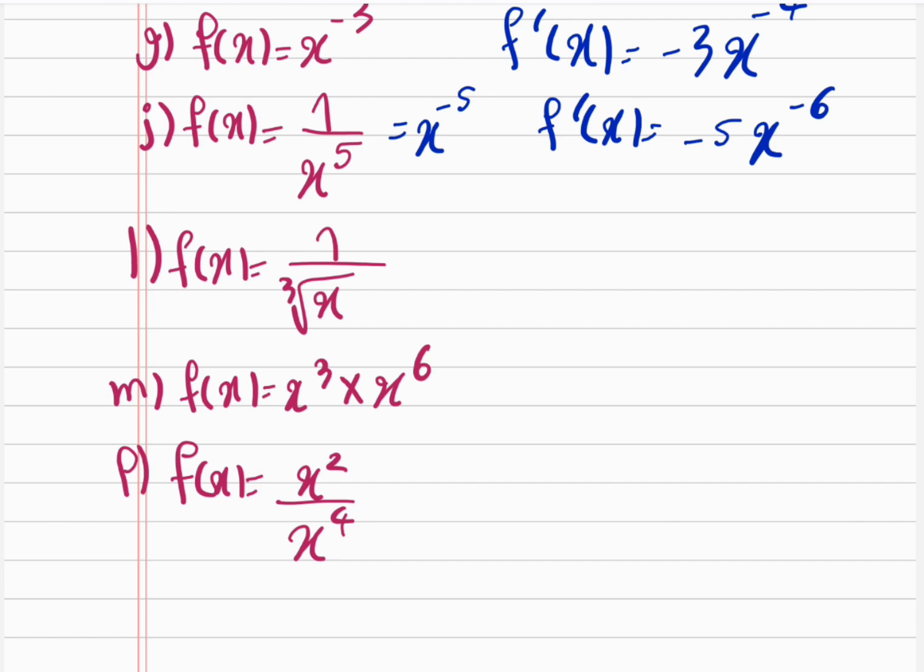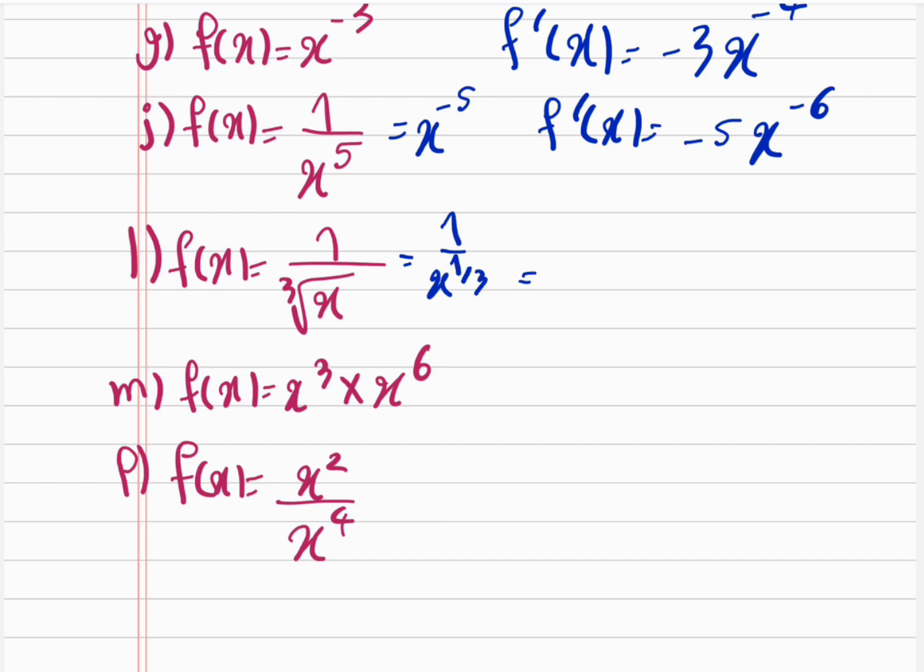Once again, we have something that is not in the form of x to the power of n, so we just need to write this in that form first. It's worth mentioning that the cube root of x can be written as a fractional power, from chapter 1, and that's x to the power of a third.